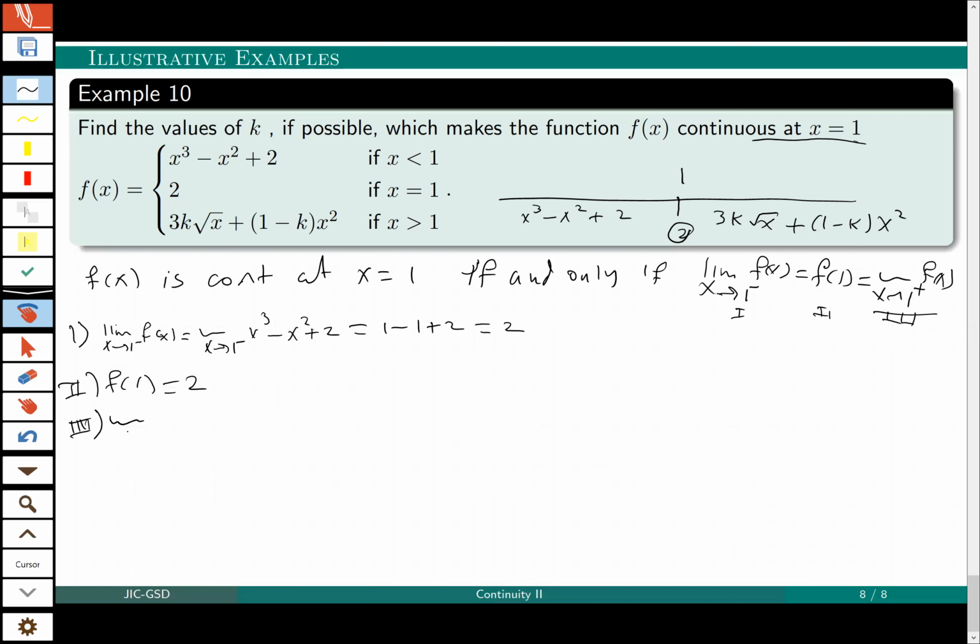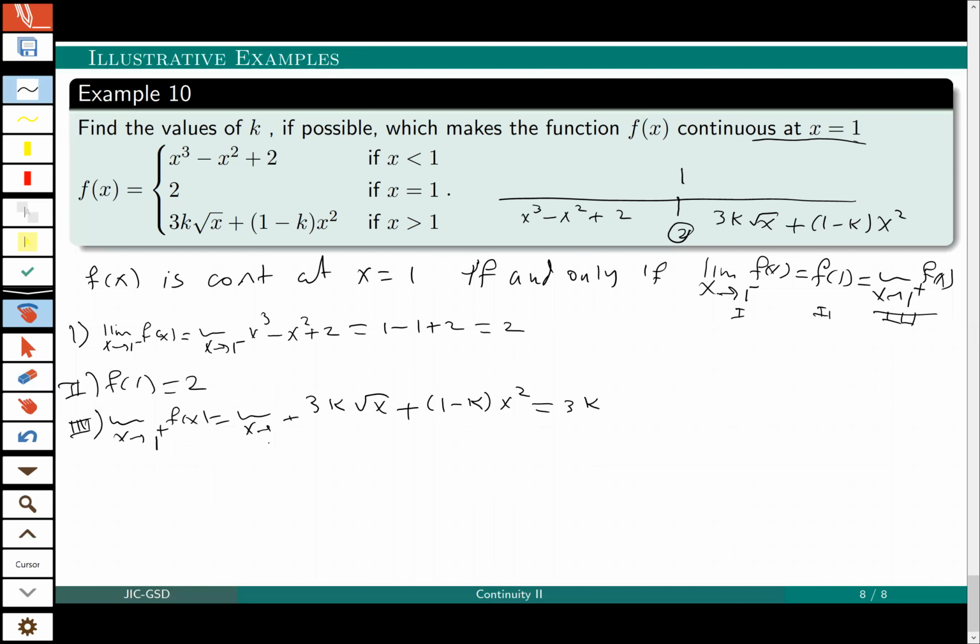Third, the limit when x goes to 1 from the right. From the right, it's 3k square root of x plus 1 minus k times x squared. Sorry, when x goes to 1, not 2.